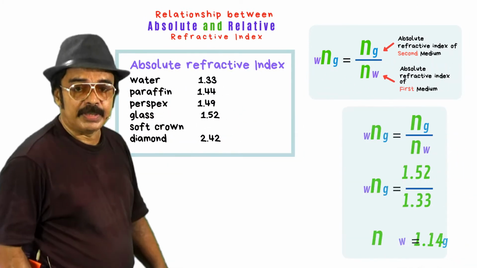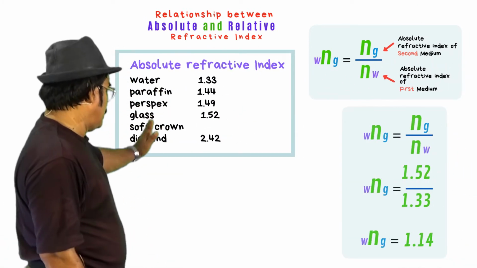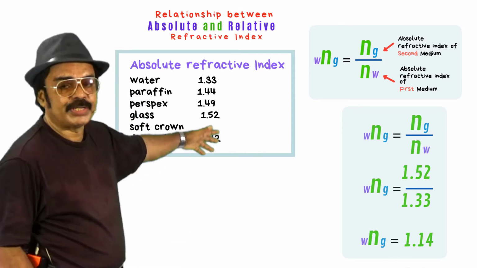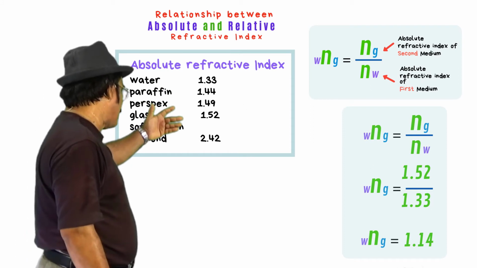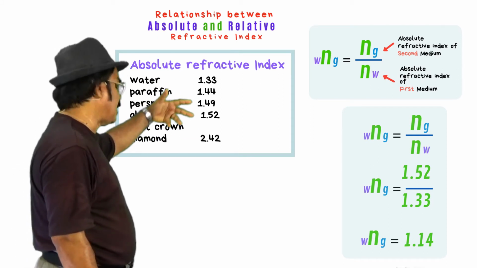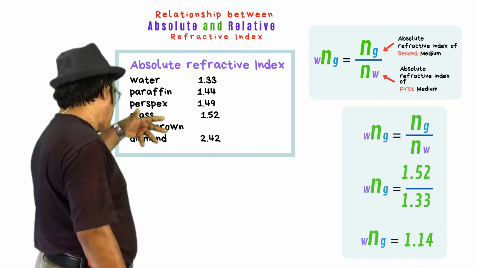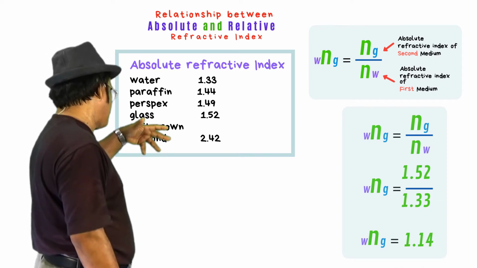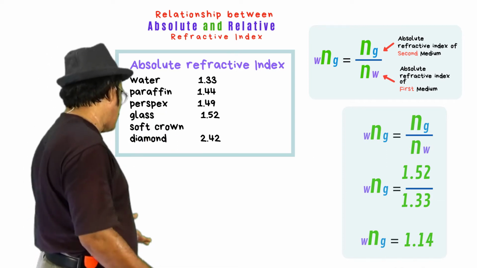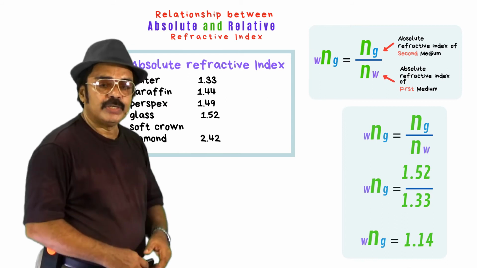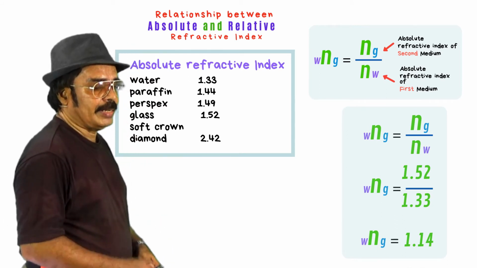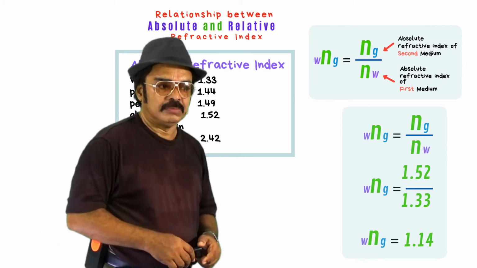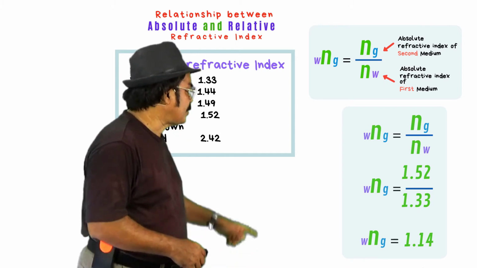A numerical example. You can see absolute refractive indices of different things. Water 1.33, paraffin 1.44, perspex, that is glass, 1.49, that is 1.5 basically, soft glass 1.52, and diamond highest, 2.42. And you can see the numerical example worked out.